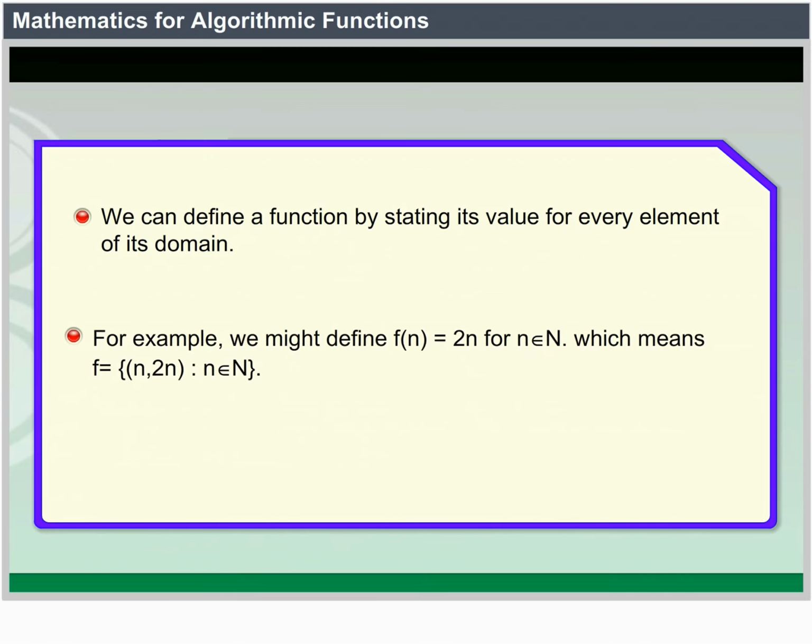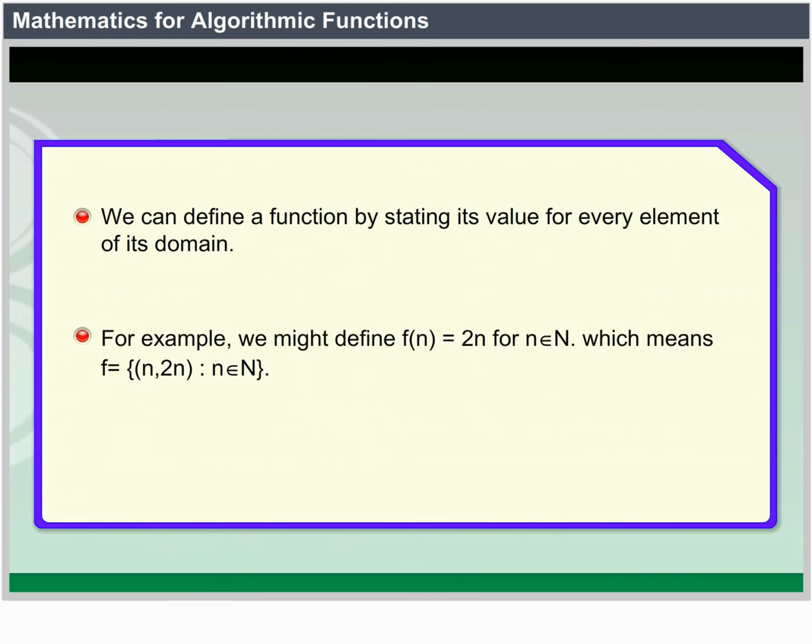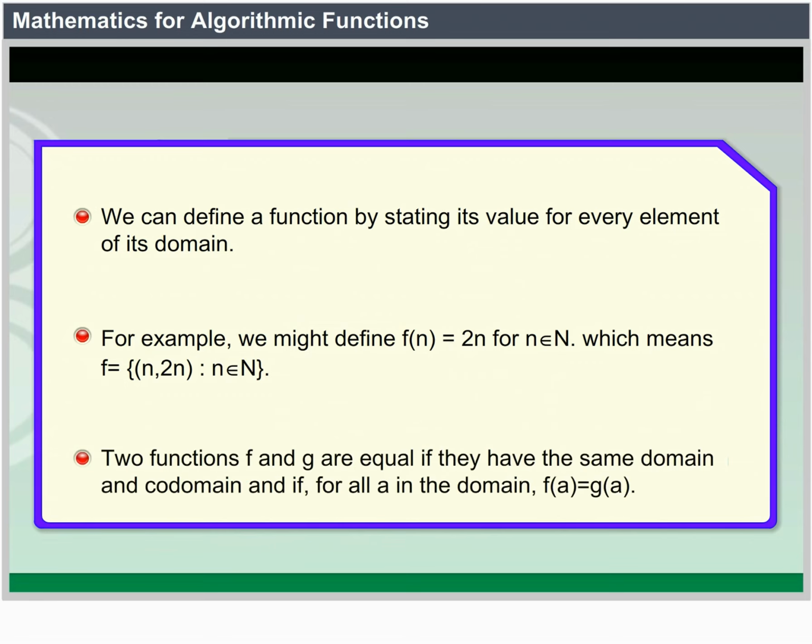For example, we might define f of n is equal to 2n for n belonging to capital N, which means f is equal to the set of (n, 2n) such that n belongs to capital N. Two functions f and g are equal if they have the same domain and codomain, and if for all a in the domain, f of a equals g of a.